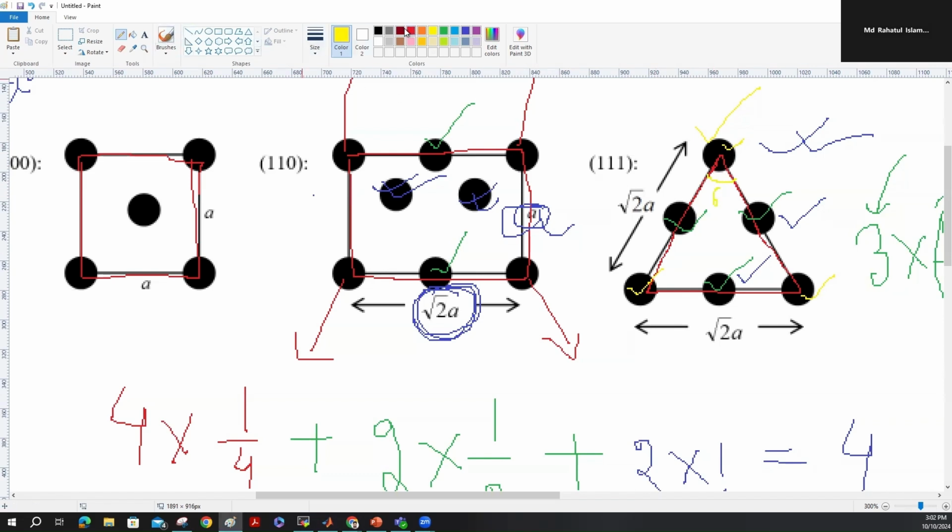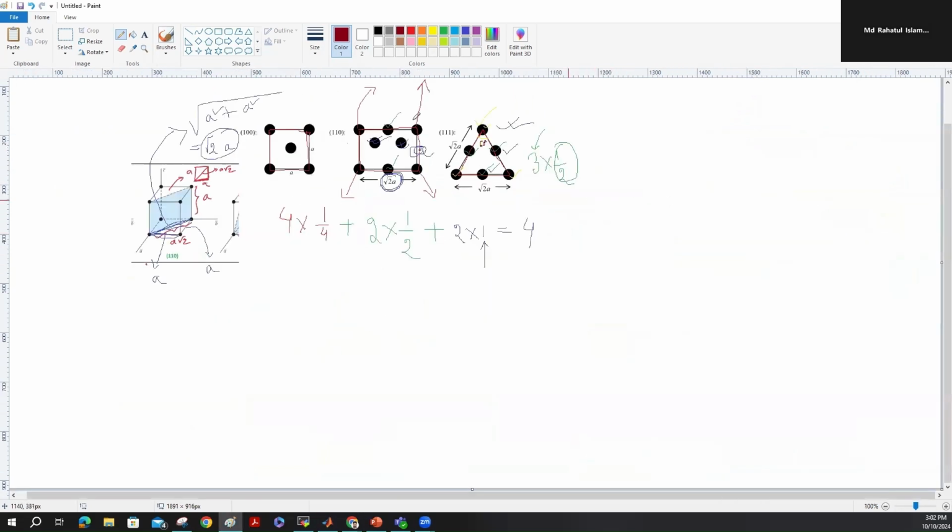This color is not visible, so let me move to a new color. This is 60 degrees. Let me draw a circle. From the full atom, you are basically taking this portion, right?